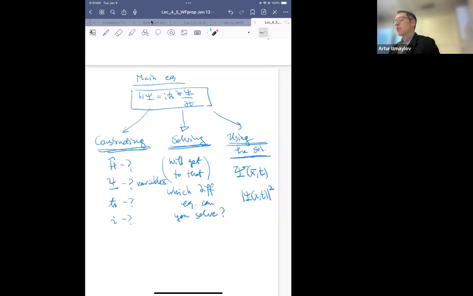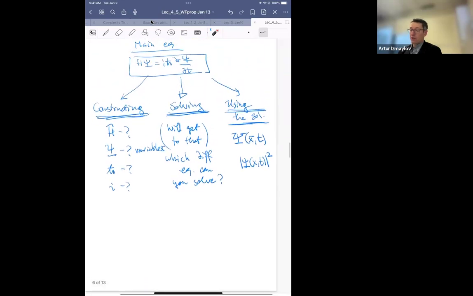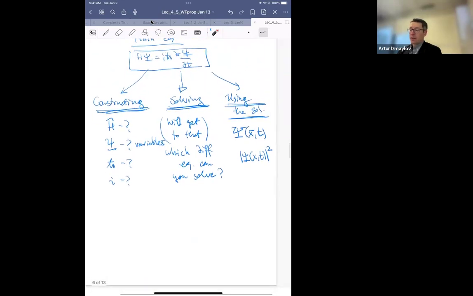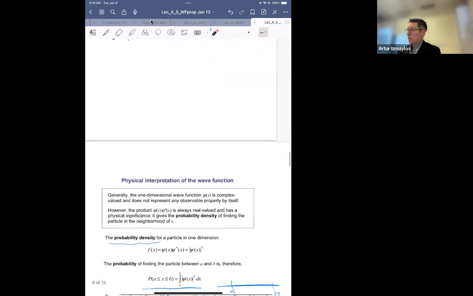Because the motivation for solving it is to know what you will do with the solution, because solving usually takes quite an effort.